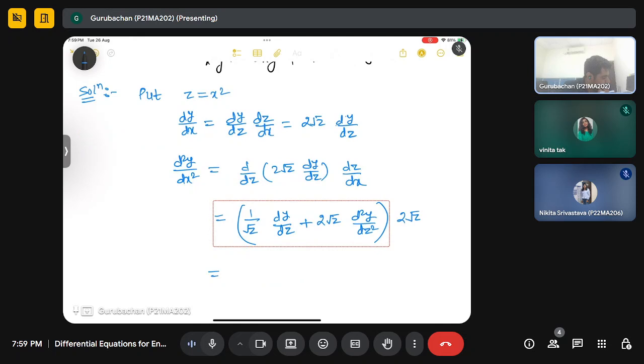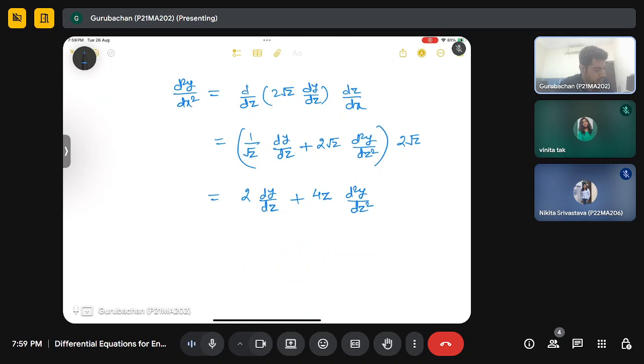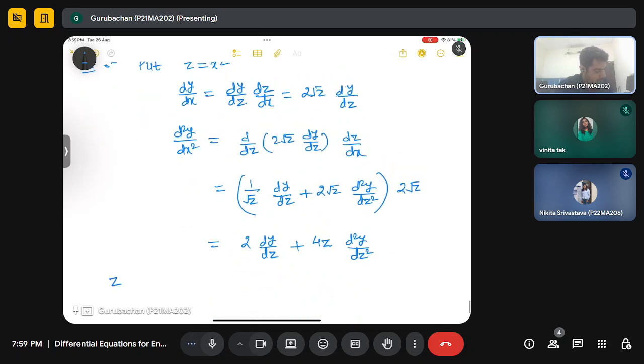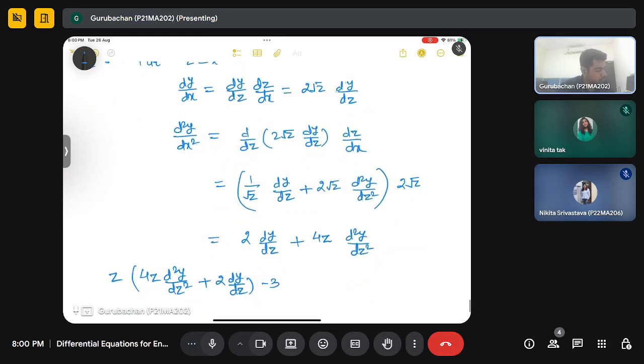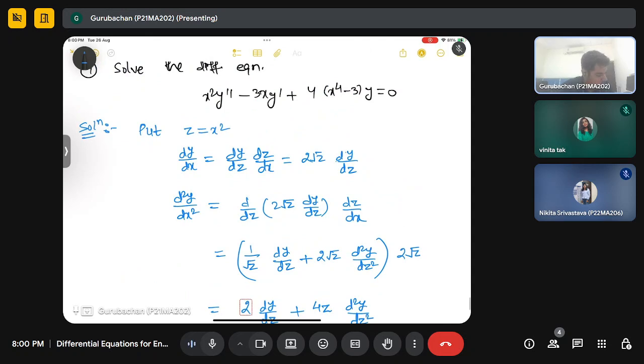So this will be 2 times of dy by dz plus 4 times of z d2y by dz square. If you put these values in the given differential equation, it was x square, and x square is nothing but z, into 4z d2y by dz square plus 2 times of dy by dz, minus 3 times of under root z and 2 times of under root z. So it is 3. Okay.